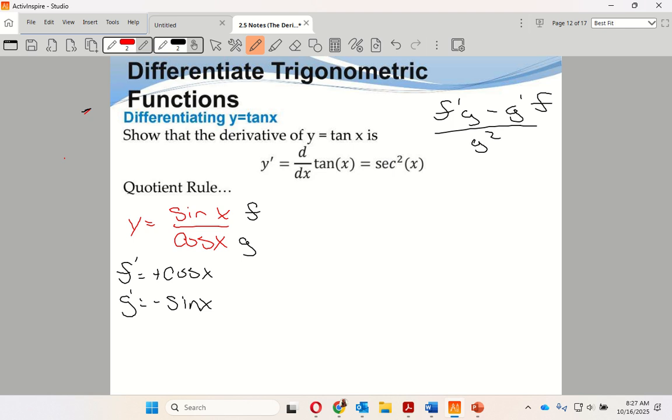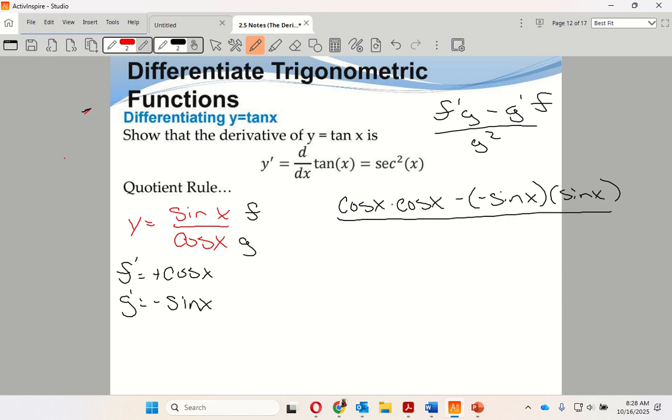So f prime is cosine, times g, which is cosine, minus g prime, negative sine, times f, which is sine, and all this is going to be over g squared, which is cosine squared.